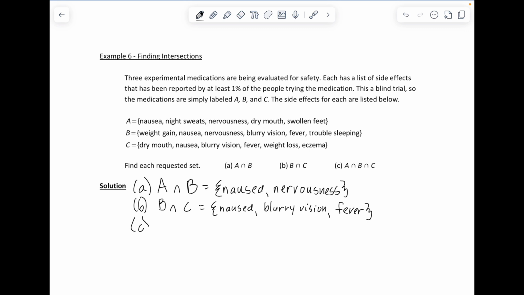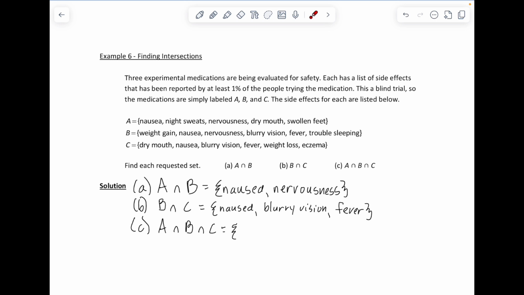Come down here to C. For this last one, we're trying to find the intersection of all three sets. A intersection B intersection C. Okay. Which elements are shared in common between all three, right? So we can probably actually kind of use the results of the first two, right?